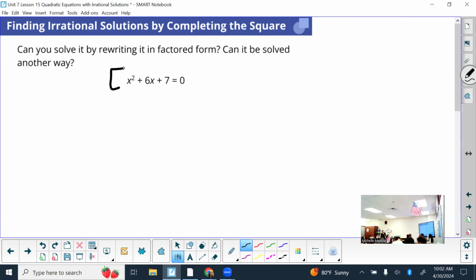What form do you think it has to be in? Okay, so my question was, is it in the right form to solve by factoring? And then I think you guys said that it has to be in this form. Did I hear you right?